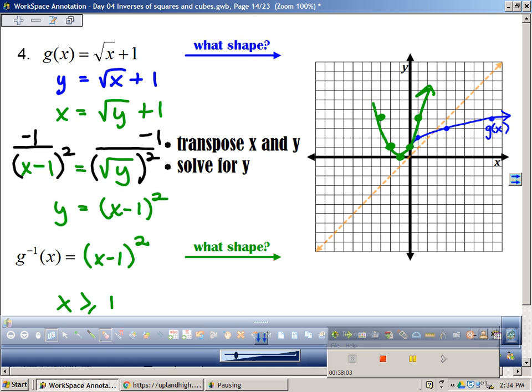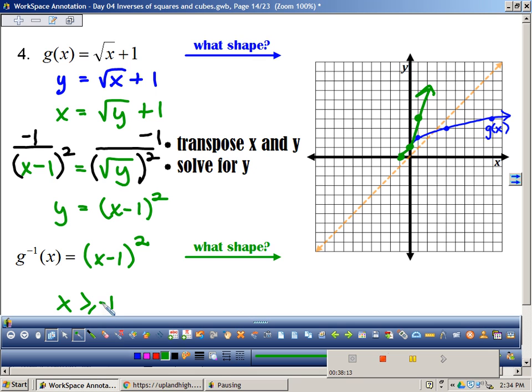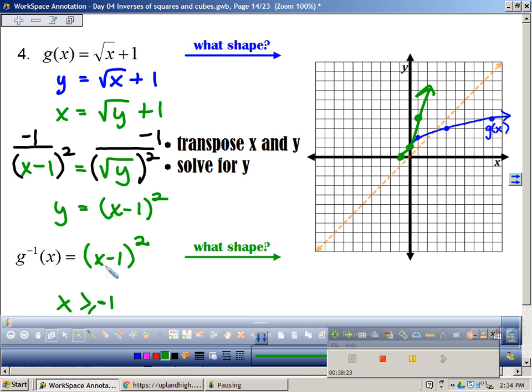So I've got to erase the negative side. And when I erase that negative side, that means that all my values have to be greater than negative 1. It should have been negative 1. I was right the first time. Right? I'm talking about this graph, but only the values that are greater than negative 1, because I want only the positive side.